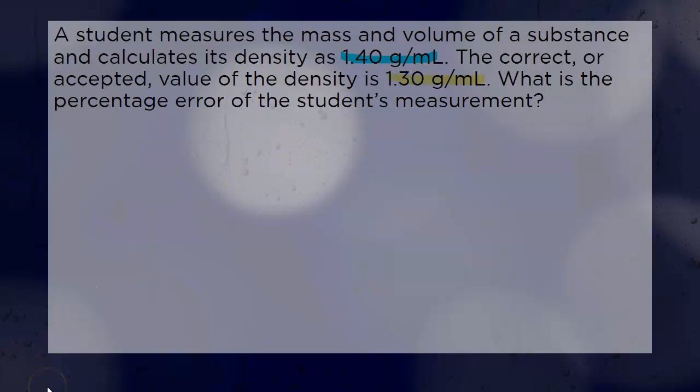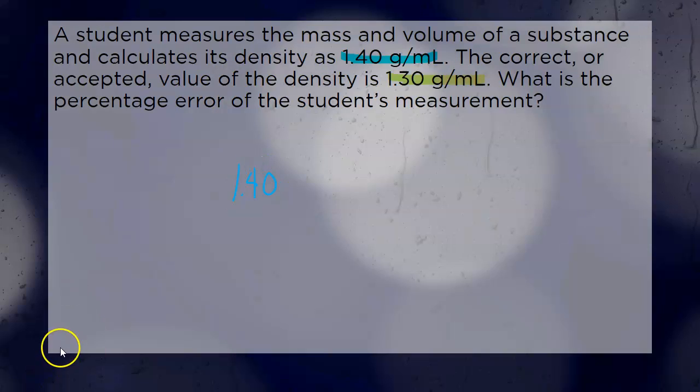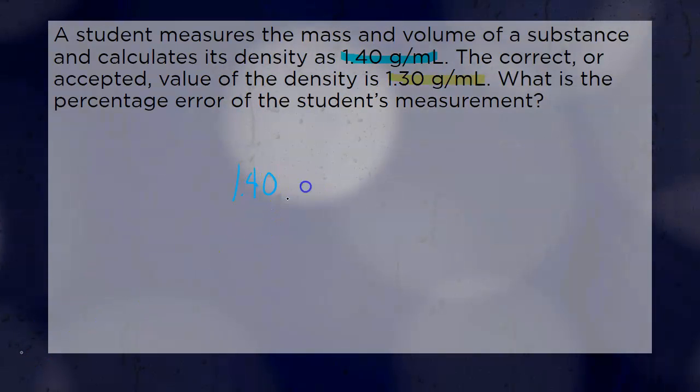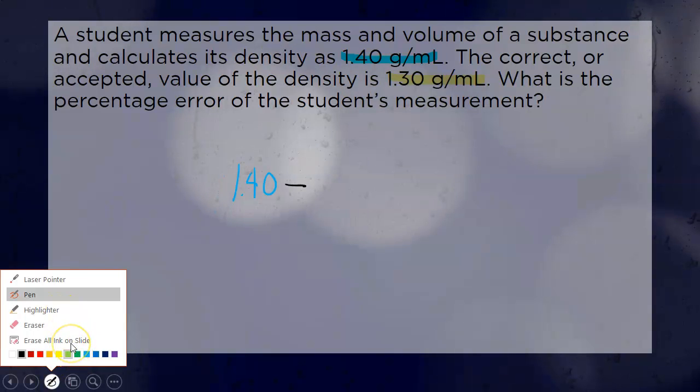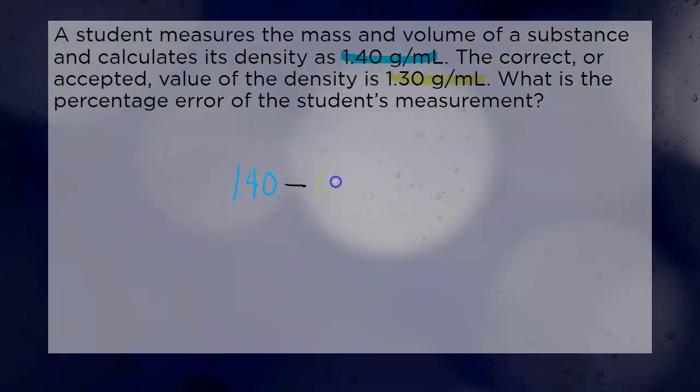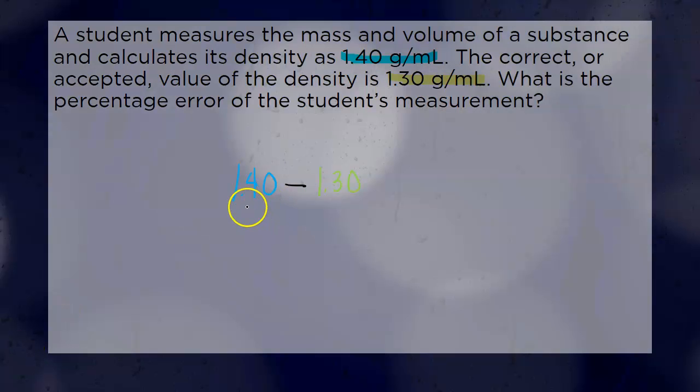So the way I set it up is I take my accepted value, subtract the difference between that and my experimental value, and then the one I divide it by is always the experimental. Or, I'm sorry, it's always the actual. I'm sorry.